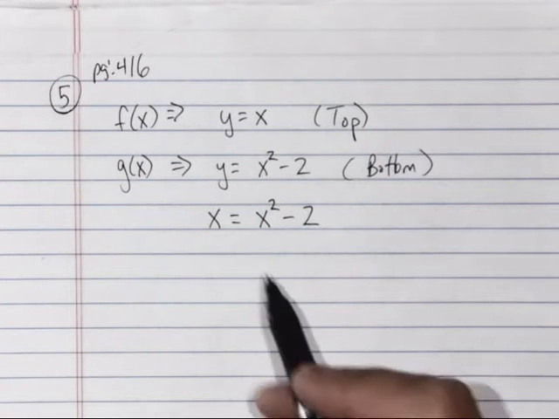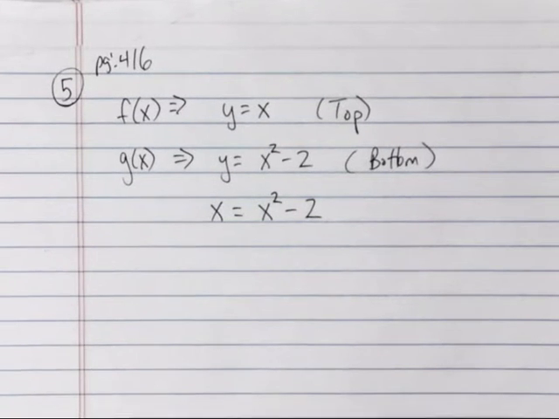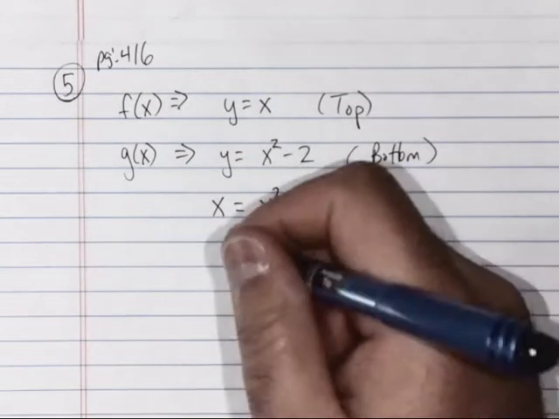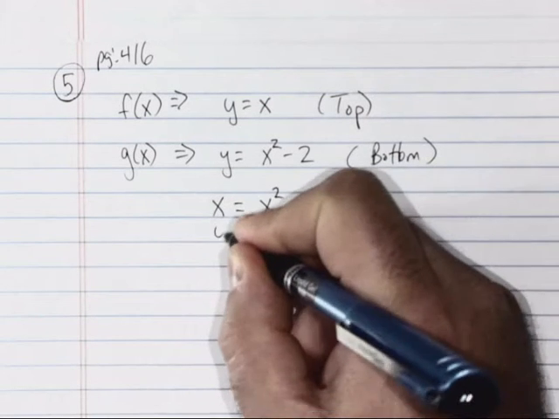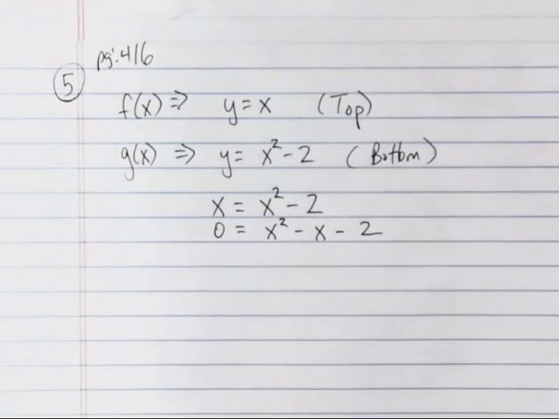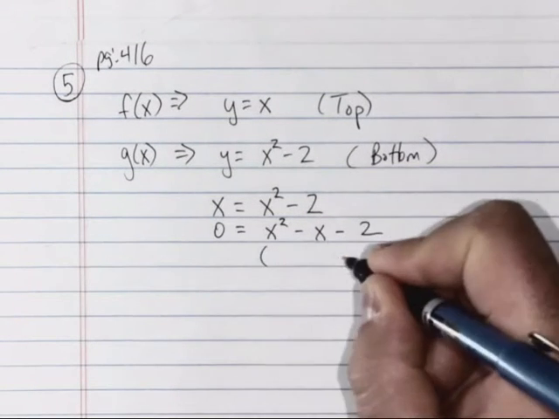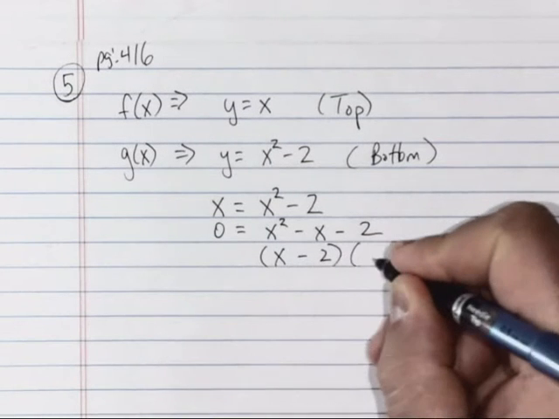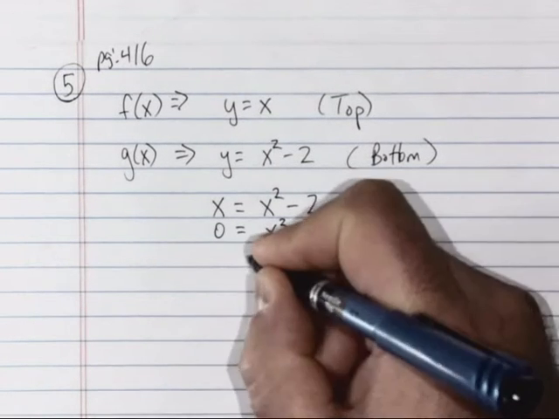So notice we've got a quadratic here, so let's solve that quadratic, and to do that we want to set it equal to 0. So move the x over to get it in the standard form. And then we want to try to solve that by factoring. So the factors are going to be x minus 2 and x plus 1.